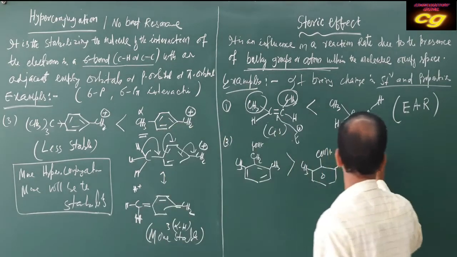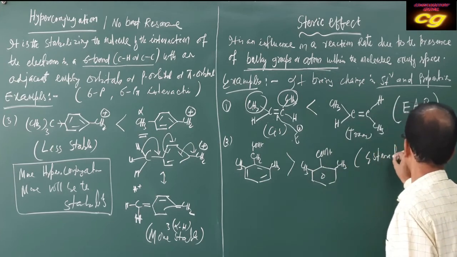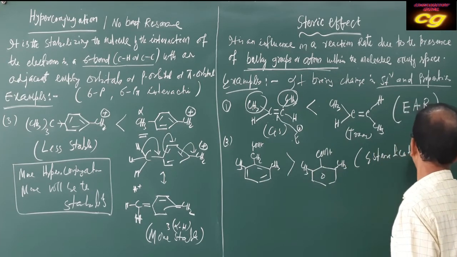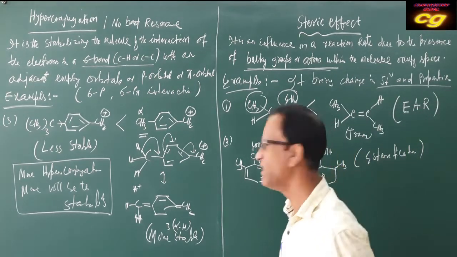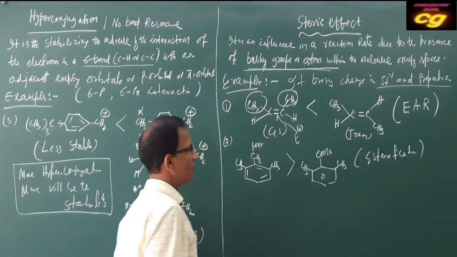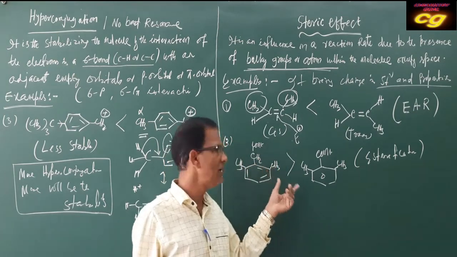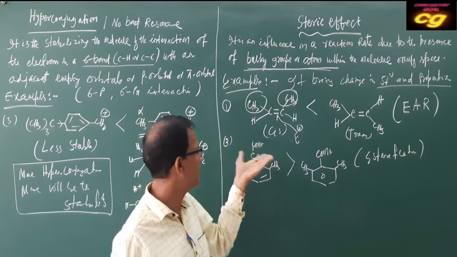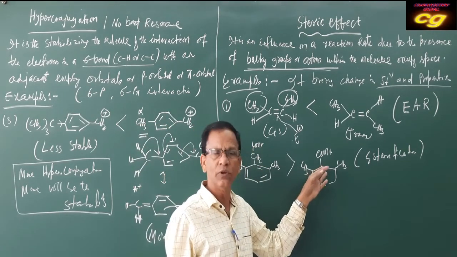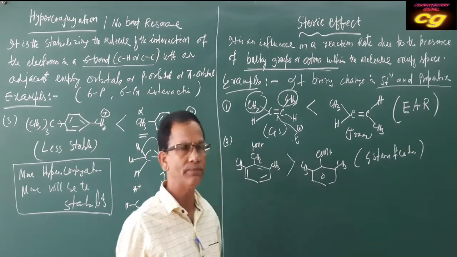What is esterification? Addition of alcohol and acid forming ester. This is an acid, when you add alcohol it gives ester. This is also an acid, when you add alcohol it also gives ester.